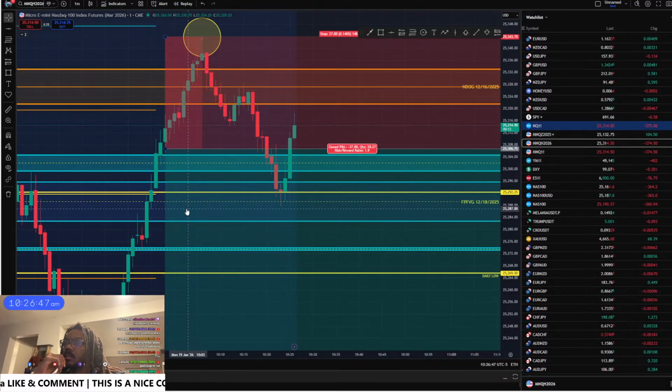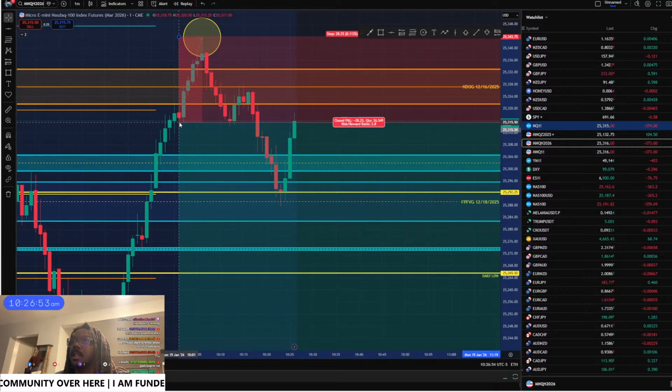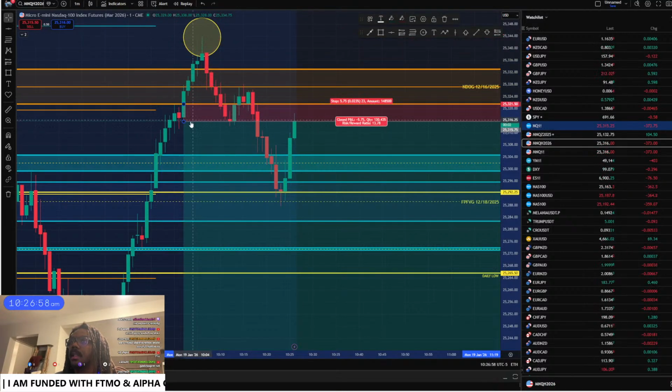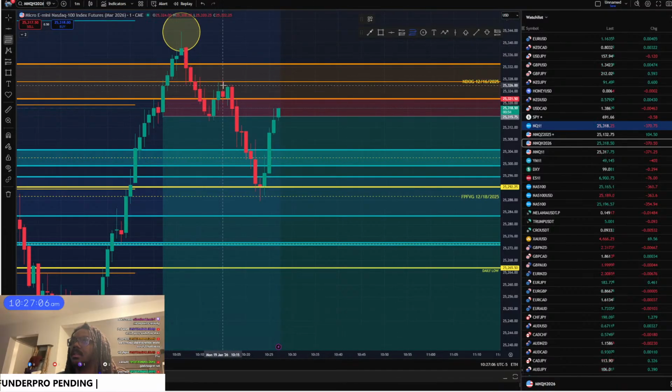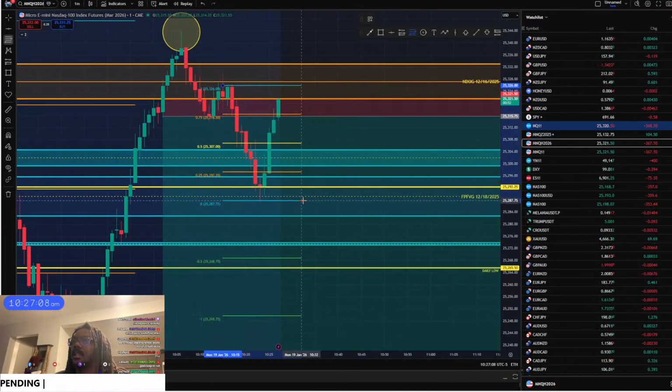I would have loved to be able to trust that fair value gap right here and take a trade like this, but I'm so scared to trust this little fair value gap right here. The way that market just sprang out of there, yeah, it's over.